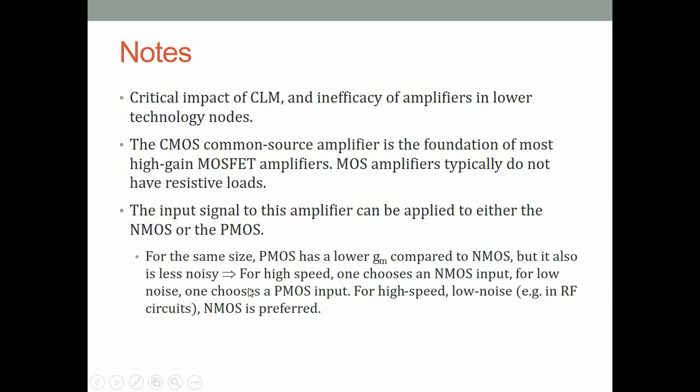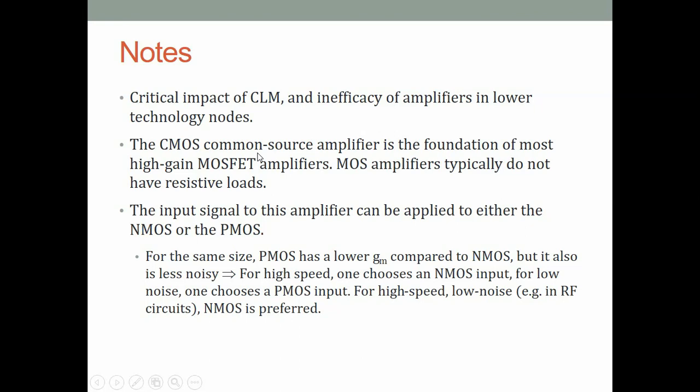Let me make some broad comments about this. The first thing I want to say is that this CMOS common source amplifier is the basic building block of most MOSFET amplifier circuits.